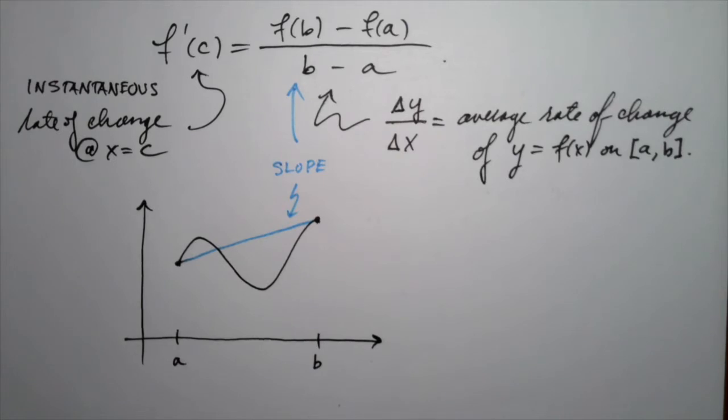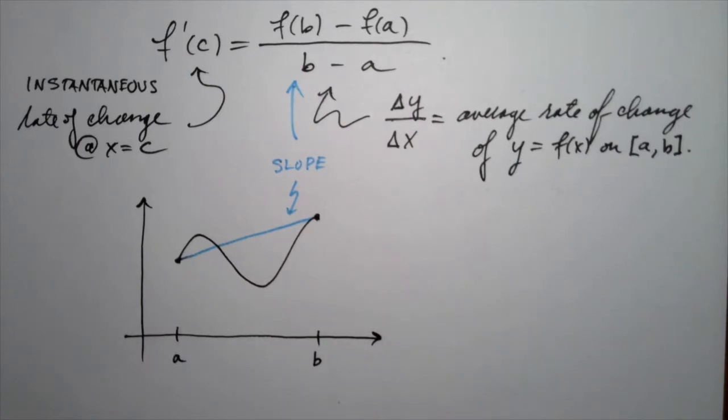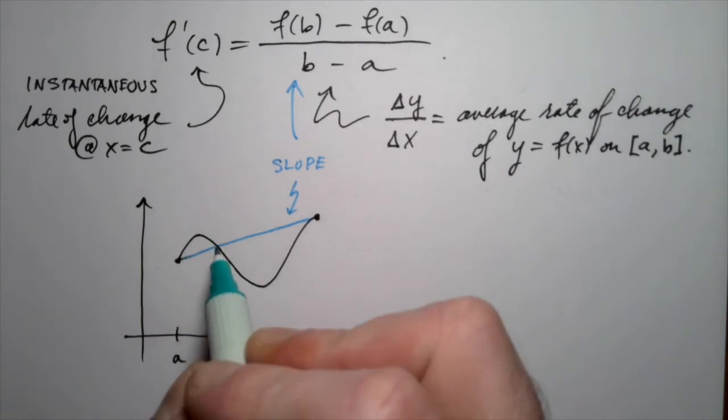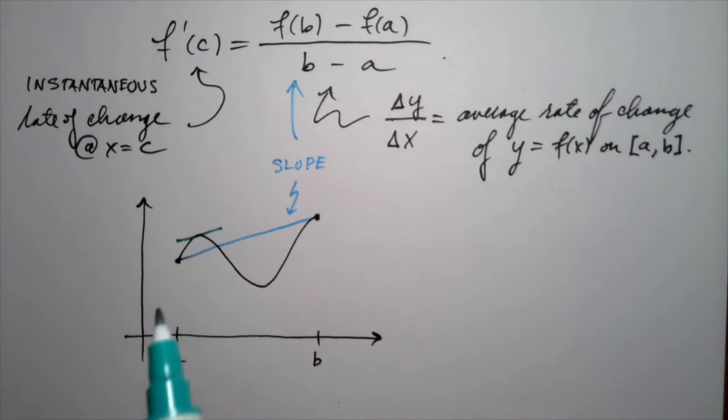Okay? And now the mean value theorem states that we can find some c, maybe multiple c's, where the derivative at c, the slope of the tangent line, is this average rate of change. So the mean value theorem guarantees that there's some point, looks like about here, where the slope of the tangent line exactly matches the slope of the blue line, the average rate of change.